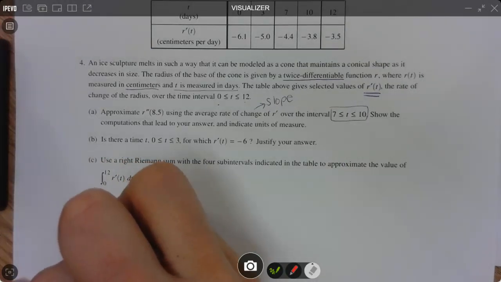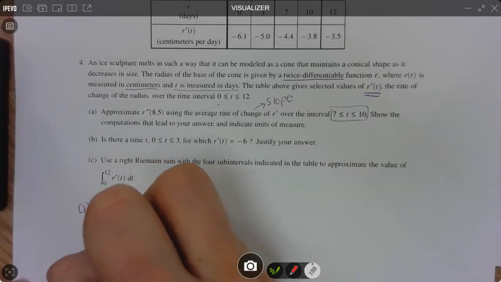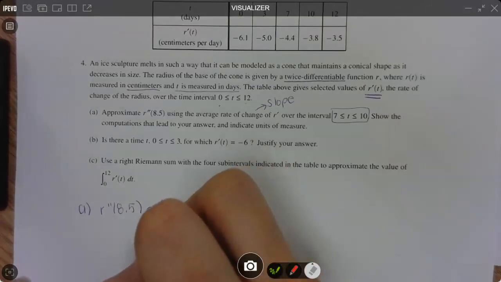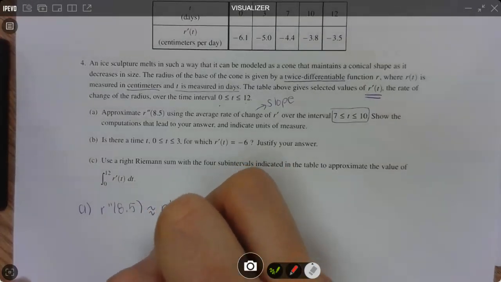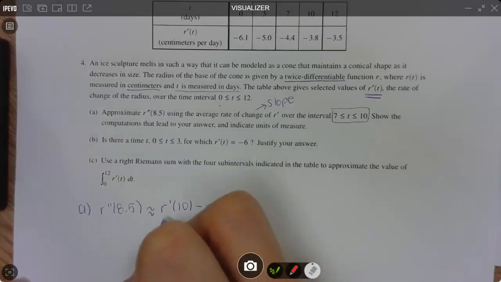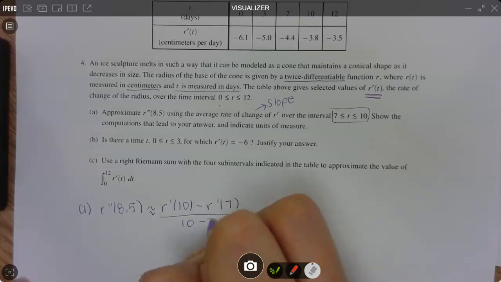So we are saying that R double prime of 8.5 is approximately, not equal to, approximately R prime of 10 minus R prime of 7 over 10 minus 7.